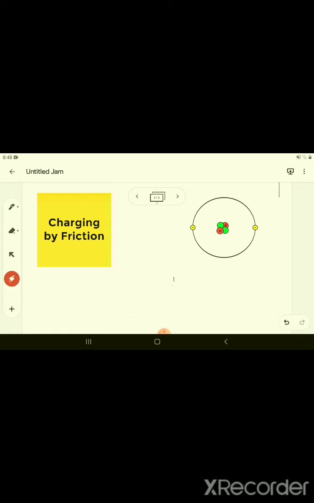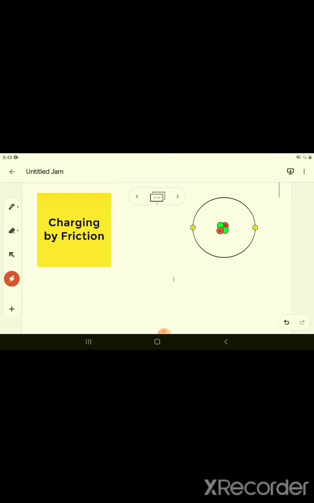The central region here is called the nucleus. Good. Now, inside the nucleus, we have two sets of subatomic particles. One set possesses charge, the other set does not. So, the ones that we're concerned with here are the positive charges, and they are called protons.